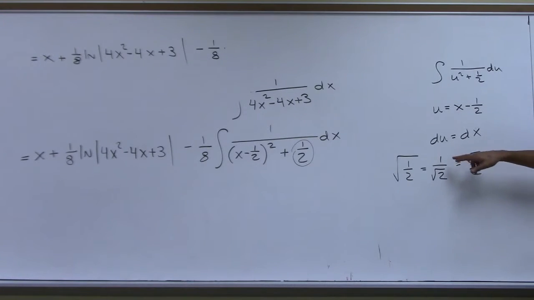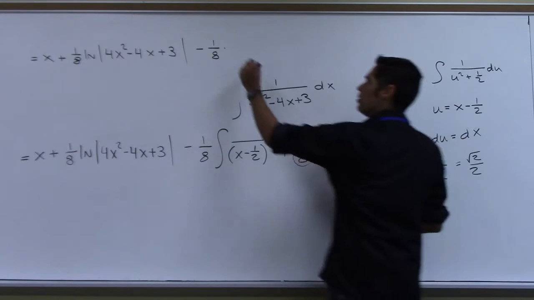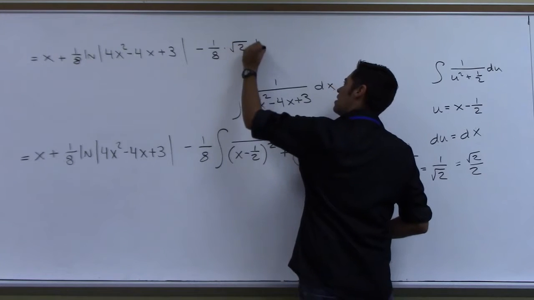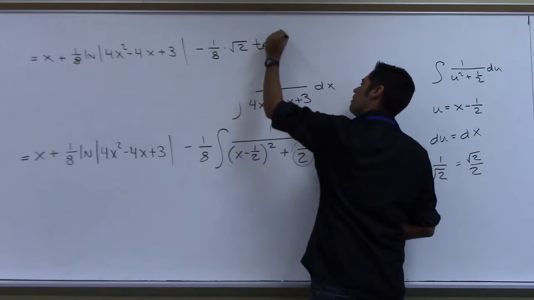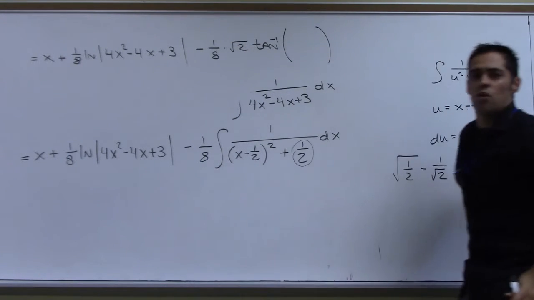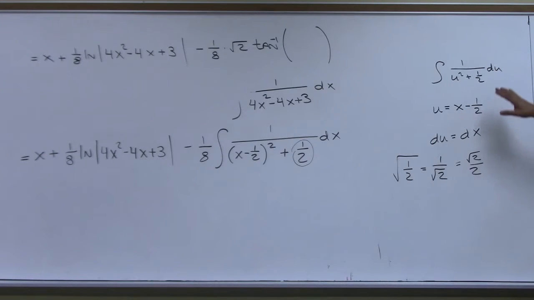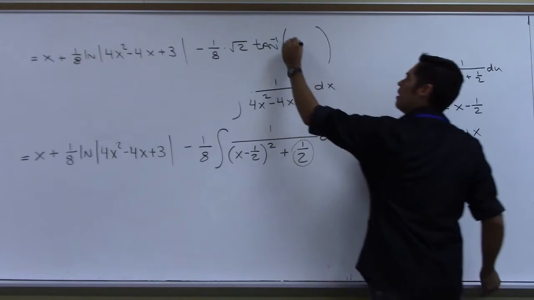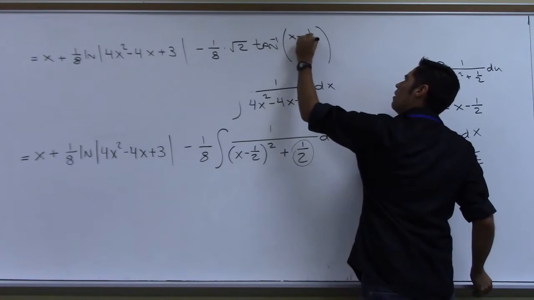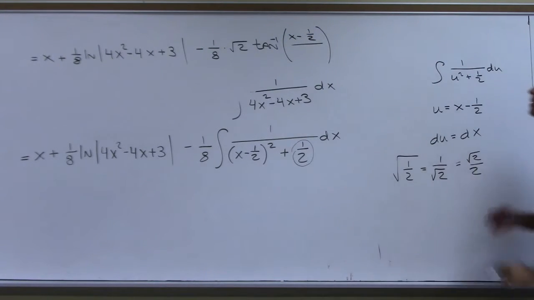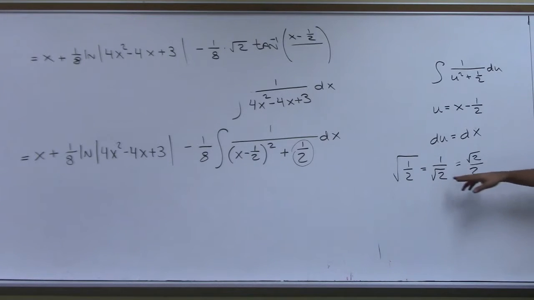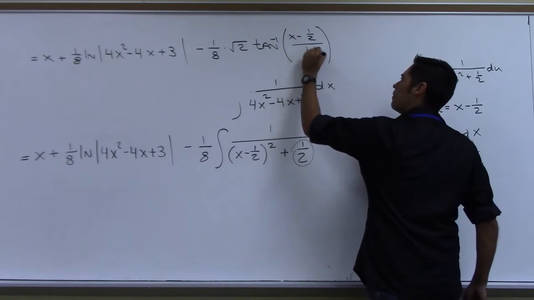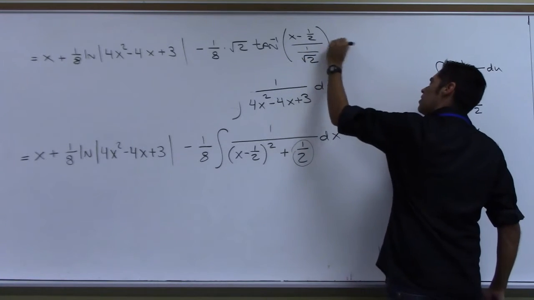It's 1 over root 2, right? Which flips it and just makes it root 2. Arctangent of u over a, but what was u? x minus 1/2 over a, but a is 1 over root 2 or root 2 over 2, however you want to write it, plus c.